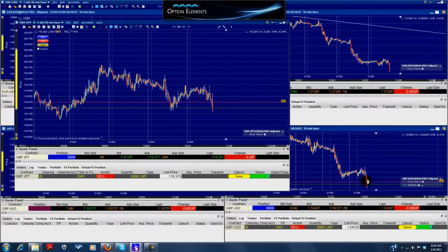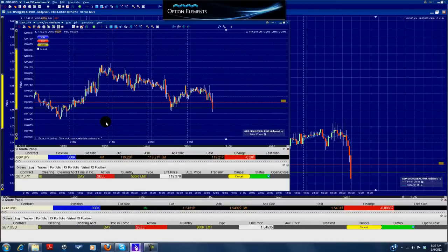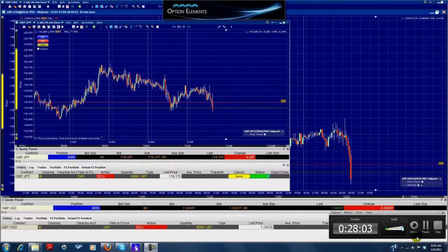Of course, if we retrace back up in the pound, we'll get the retracement there as well. So let's pull our charts back up. Okay, here we sit. I'll be back when we get close to an order or some more action.